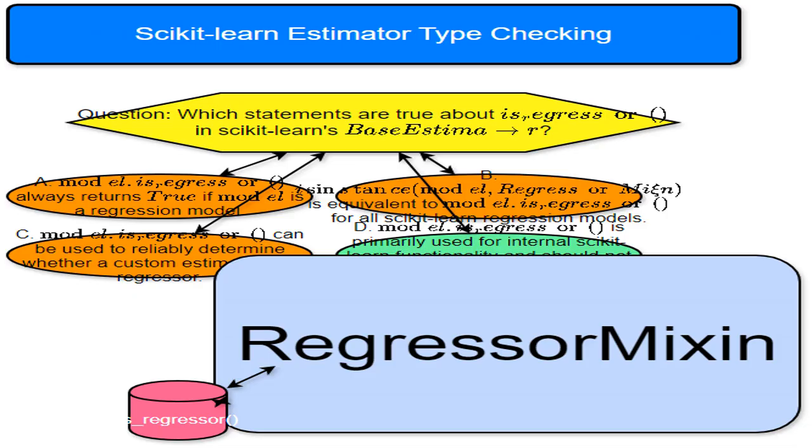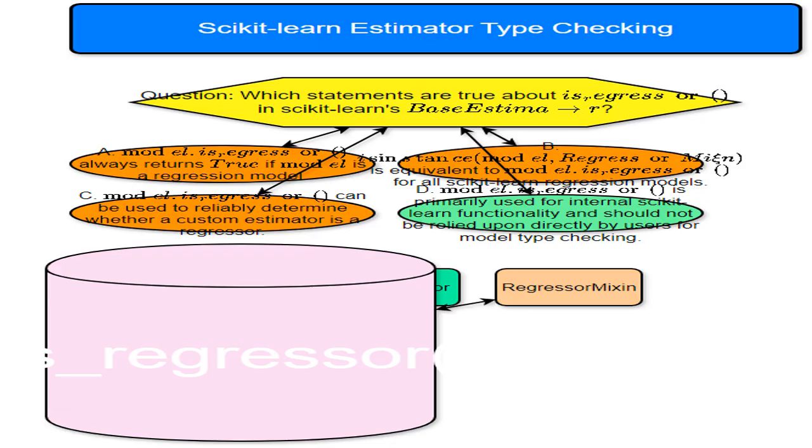RegressorMixin adds the methods needed for regression, like fitting a model to data and making predictions. This is a method, often added to estimators, that attempts to tell you if the estimator is intended for regression problems. However, I want to emphasize that it's not always perfectly reliable, particularly with custom-made estimators. It's used internally within scikit-learn, not as a primary way to determine model type.